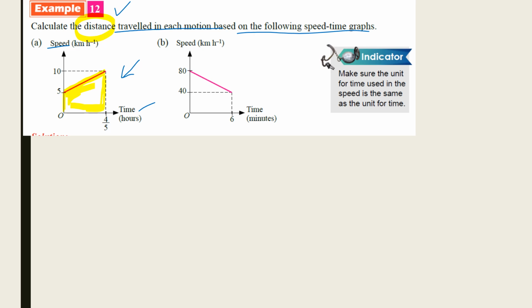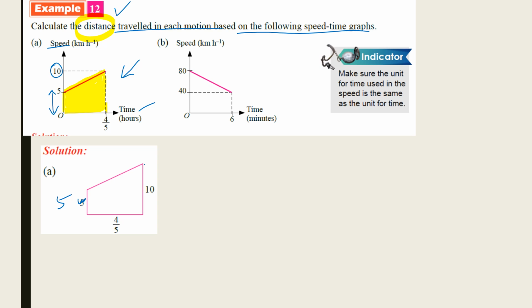So what shape is this? This is a trapezium. So you have to use the formula of a trapezium. So this is 5. This one is 5. And then this one is 10. And then here, of course, it is 4/5.